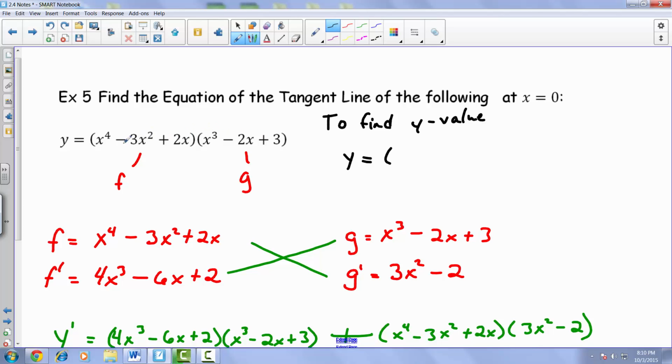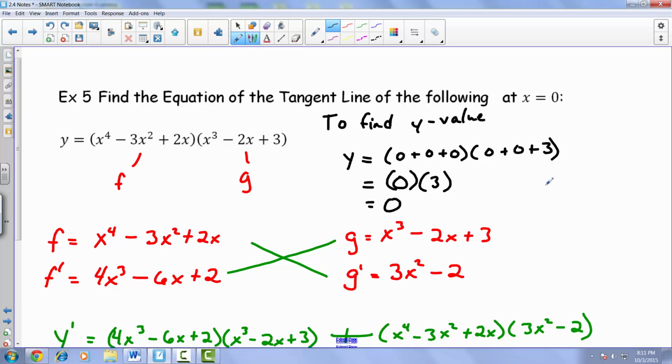Anywhere that there's an x, it's essentially going to be 0. There's 0 plus 0 plus 0 times 0 plus 0 plus 3. But again, we end up with 0 times 3, and that's just coming out to be 0. So it looks like our point is 0, comma 0, our target point.